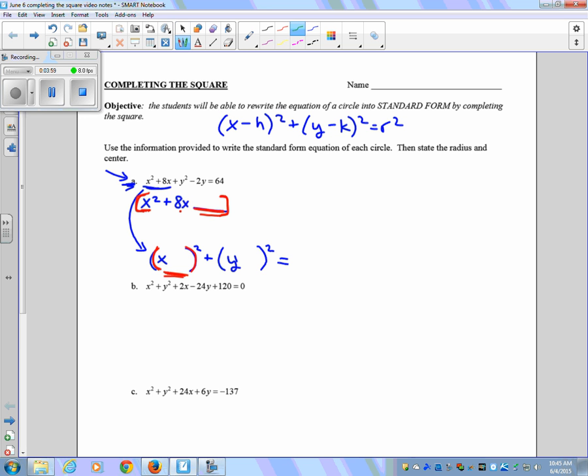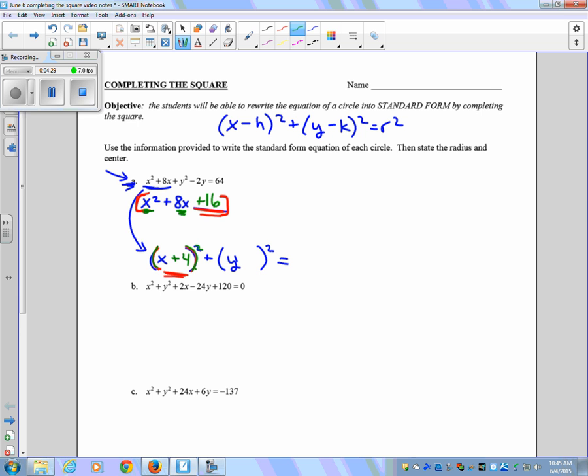And here's the trick. There's definitely a formula to follow here. What you want to do is take this middle term and cut it in half. Half of 8 is positive 4, and you're going to put that in here. But if you look at this now, you have x plus 4 squared. If you were actually going to square this, it would be x squared plus 8x plus, last times last, 16.